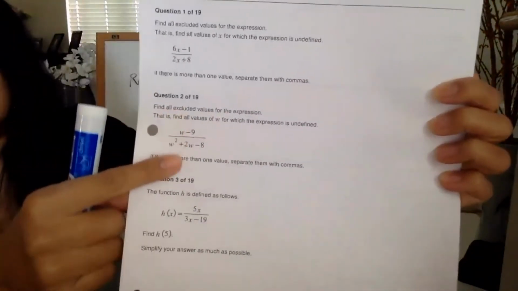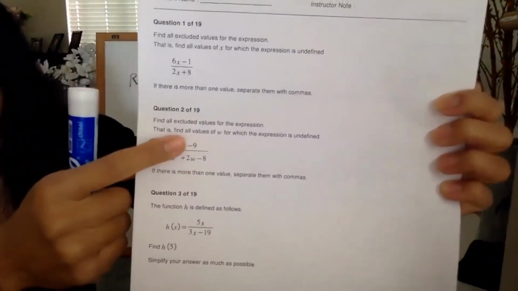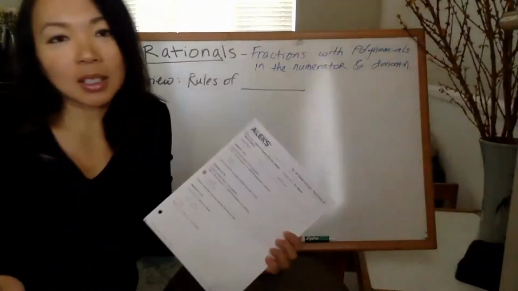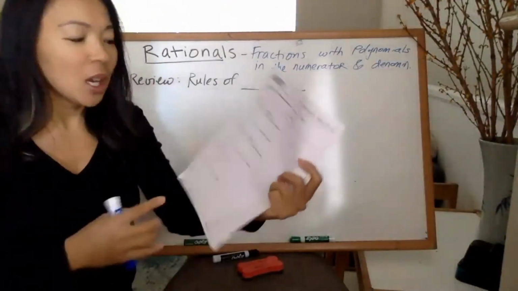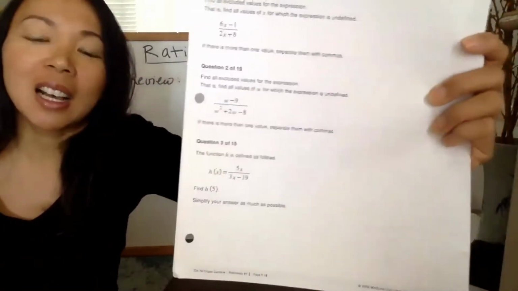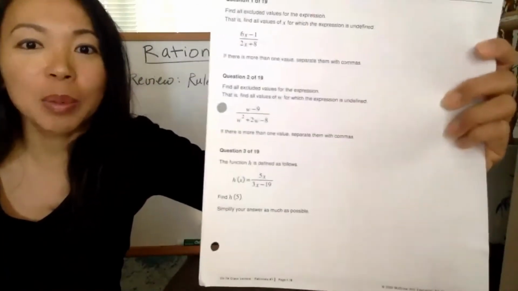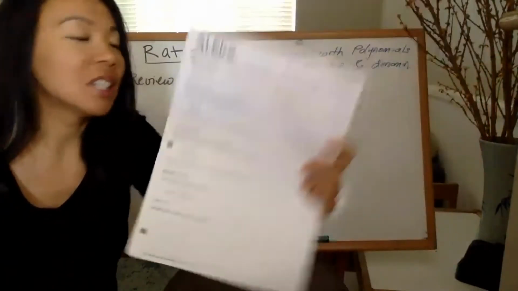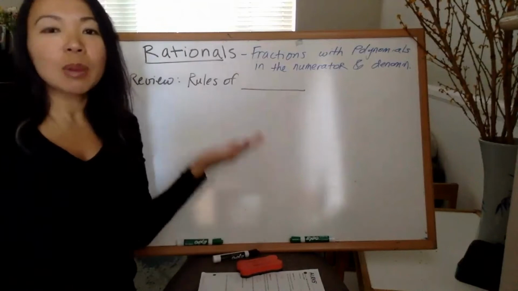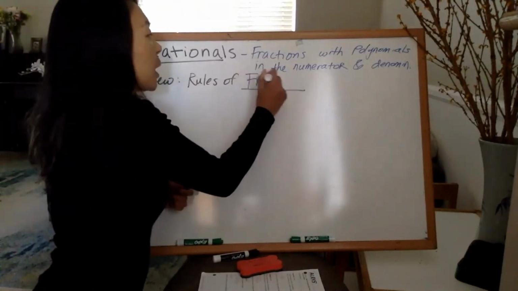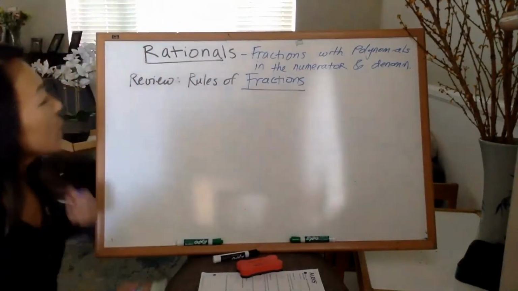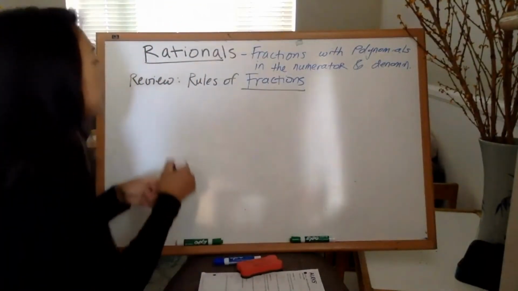They are fractions not just with the number 1/2 or 3/4, but they actually have a lot more interesting things going on with exponents and variables and adding, subtracting, etc. Since we're talking about fractions, let's review some of the rules of fractions, because polynomials follow those rules as well.